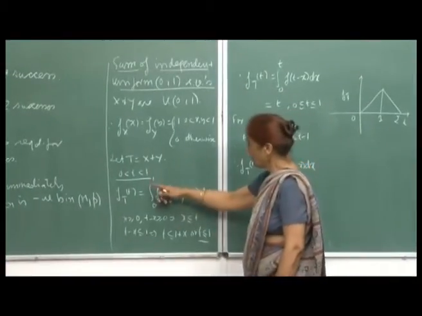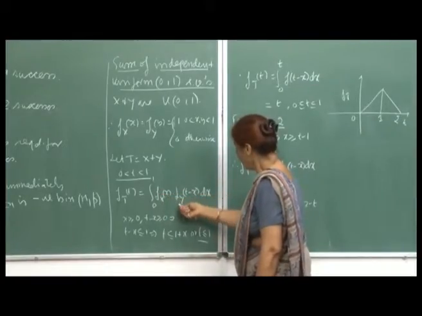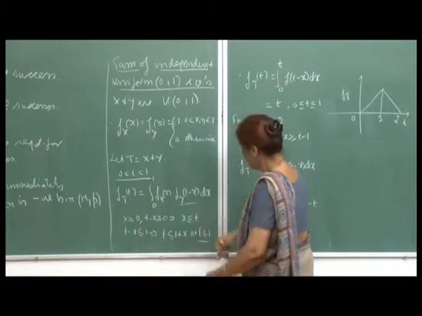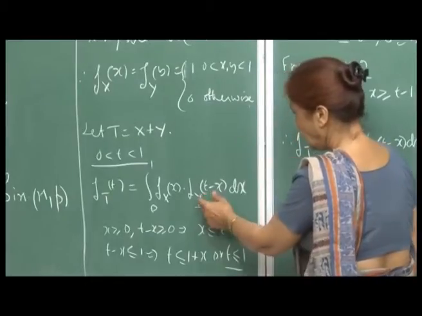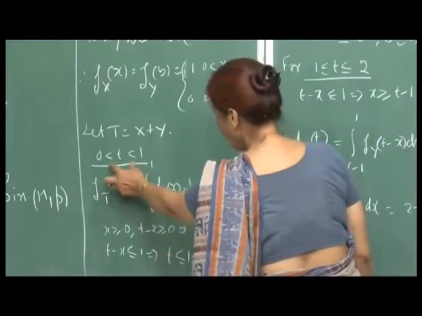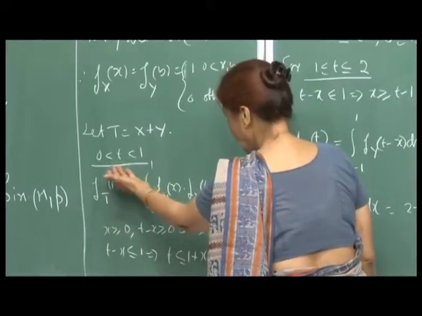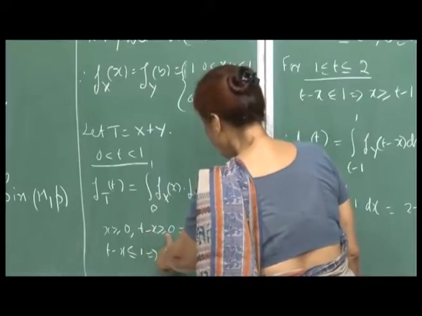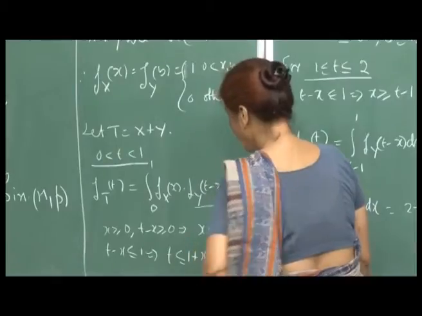So, here for example, when I write the formula f x of x and f y of t minus x, this is defined only for values between 0 and 1. So, my t minus x also should vary between 0 and 1. Therefore, I have to do this computation first for t between 0 and 1, because t minus x greater than 0 implies that x is less than or equal to t.